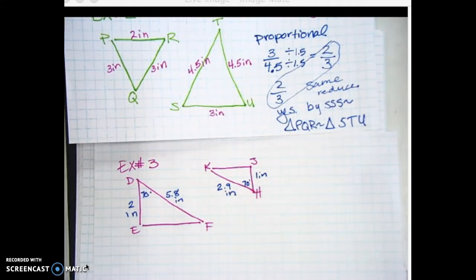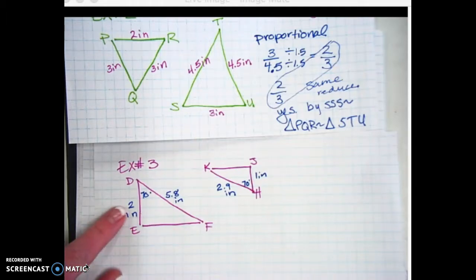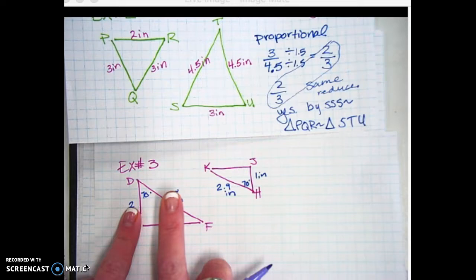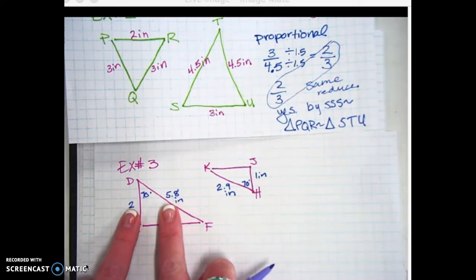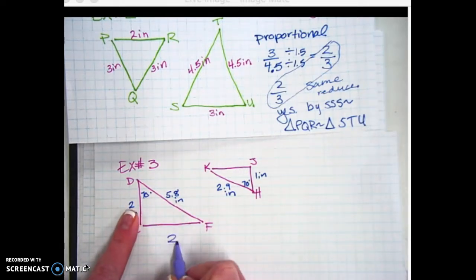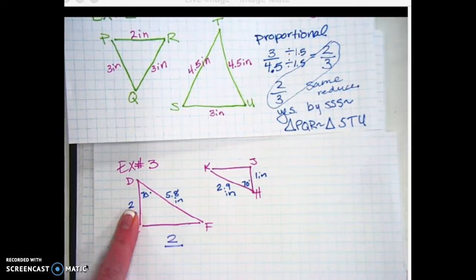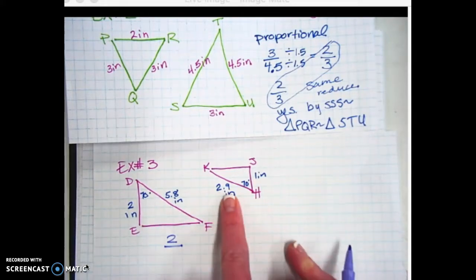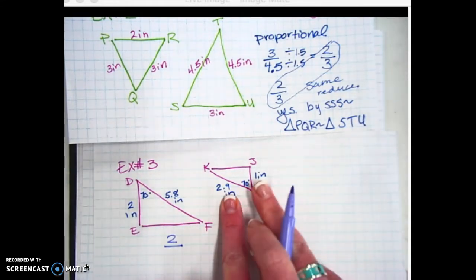So if they're turned or flipped, or both, you want to make sure that your sides match up from the shortest to the shortest, and the longest to the longest. So on this triangle, between 2 inches and 5.8 inches, obviously the 2 inches is shorter, okay? And then on the second triangle, you've got a 2.9 inch and a 1 inch.